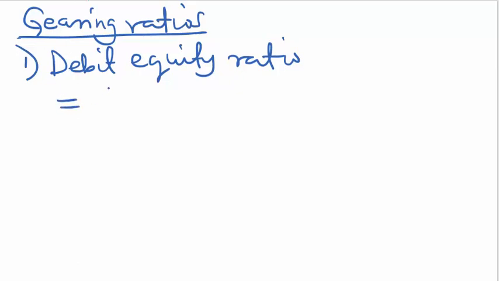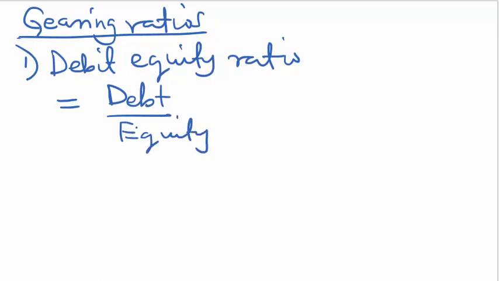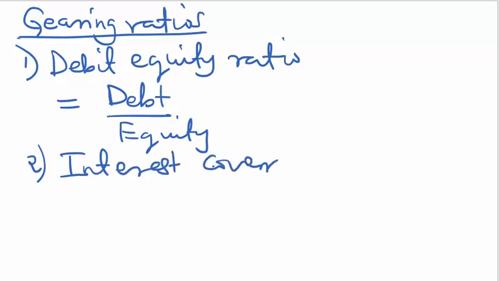The next ratio I want to look at is interest cover, and interest cover is calculated as your profit before interest and taxes, or earnings before interest and taxes, divided by your interest payable.